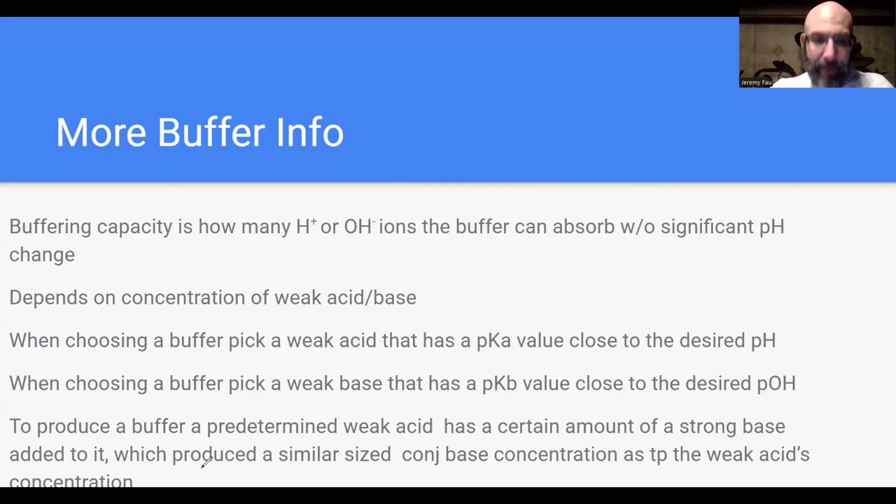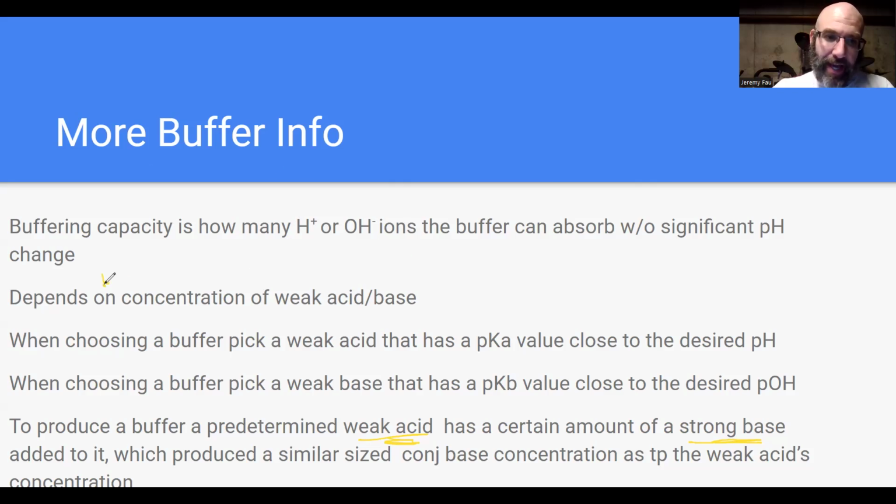And then to make any buffer, right now this seems like I'm talking totally backwards and not making sense, but hear me out. To make the buffer, you take a weak acid and you add some strong base to it. The whole purpose is to do this.